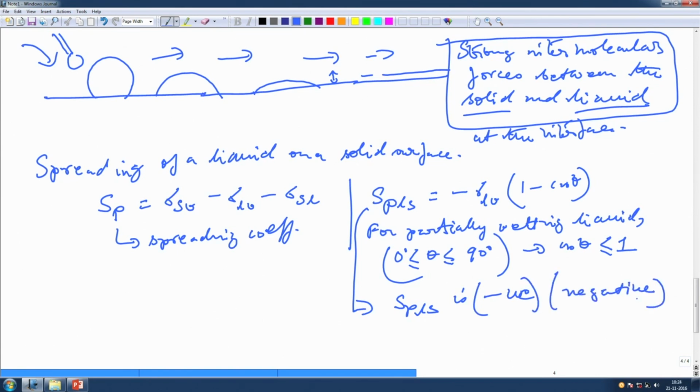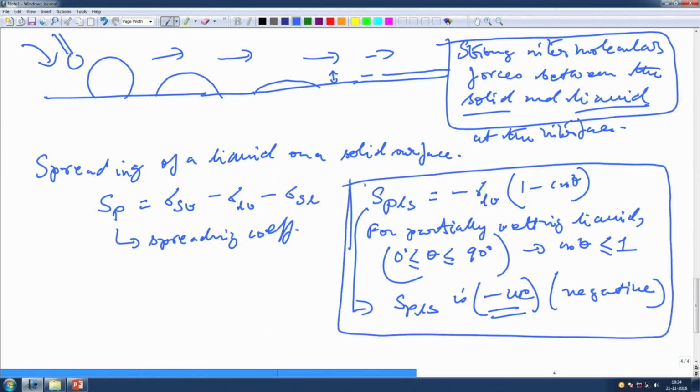The liquid will partially wet and form an equilibrium contact angle. When this is negative, the liquid will spread and form a new equilibrium contact angle. Got it? So, this is the basic definition of the spreading of a liquid. This is the spreading coefficient, and you can calculate it and determine whether it is positive or negative. If it is negative, the liquid will spread.